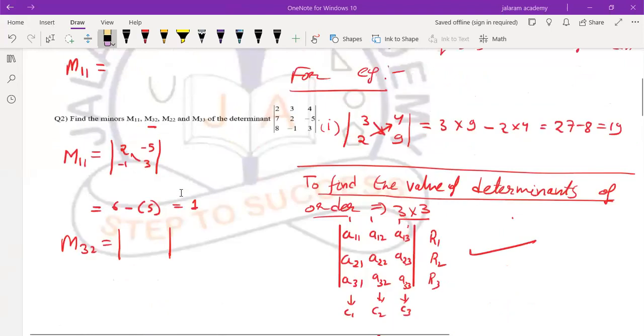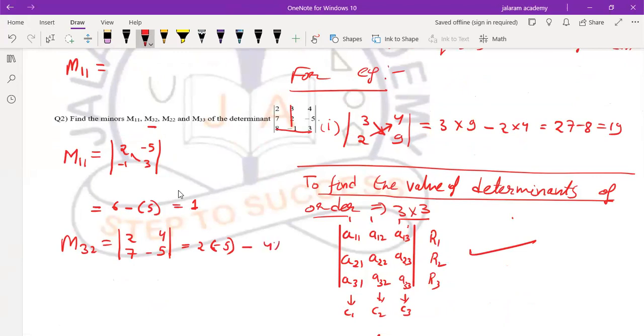It is obtained by deleting third row and second column. So it is 2, 4, 7, minus 5. Clearly 2 into minus 5, write in bracket, as we cannot apply two signs together. Minus 4 into 7. So it is minus 10 minus 28, which is minus 38. Hope you also have found the same value of M32.